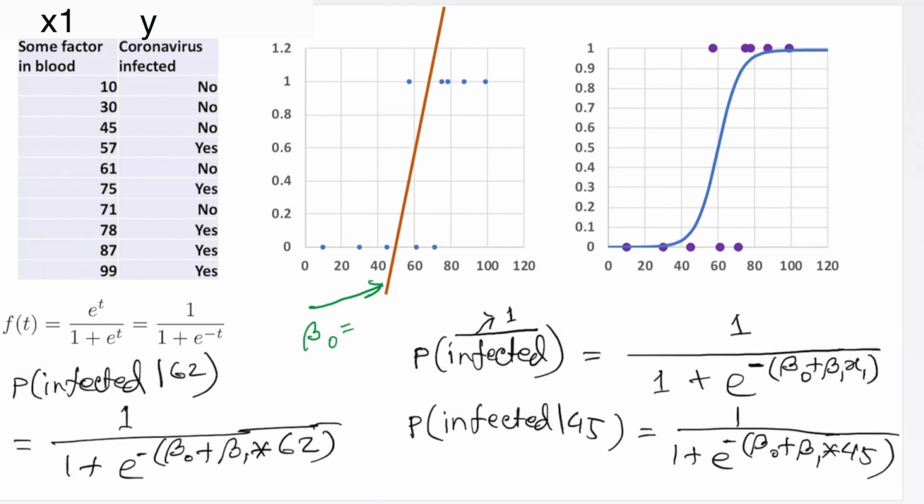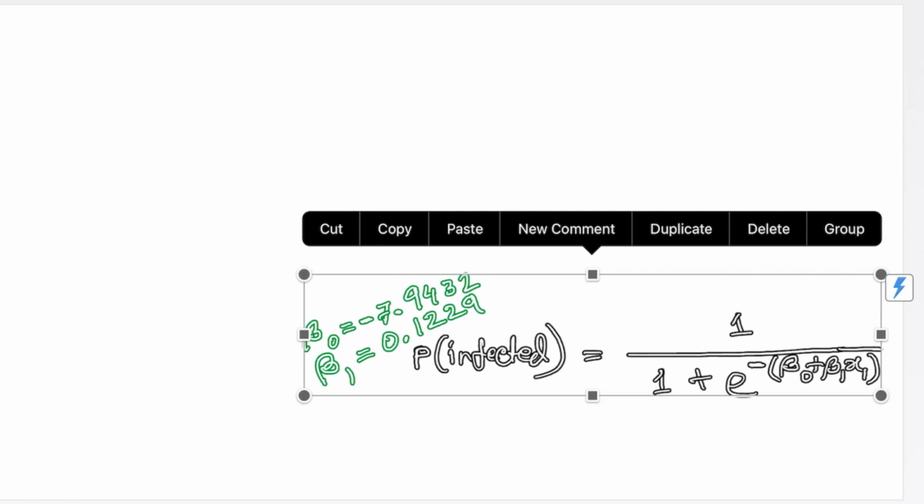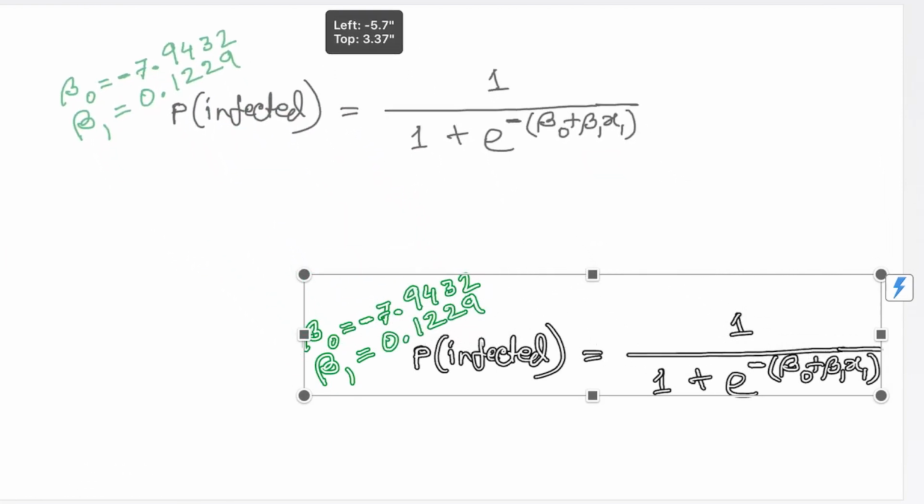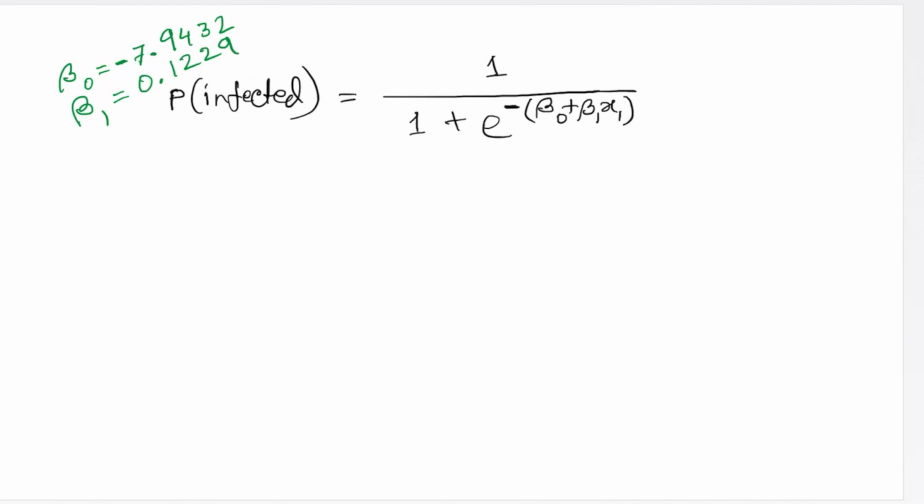Beta naught is equal to negative 7.9432 and beta 1 is equal to 0.1229. With this calculated beta naught and beta 1, we will be predicting whether a person is infected or not for any blood factor sample.